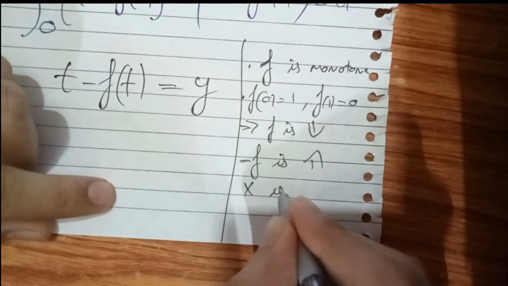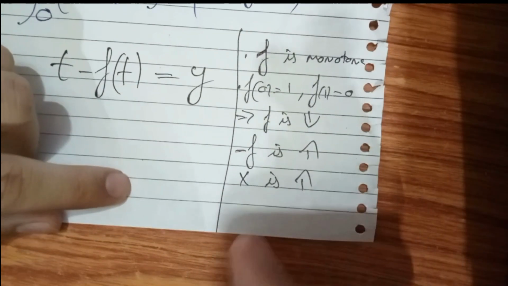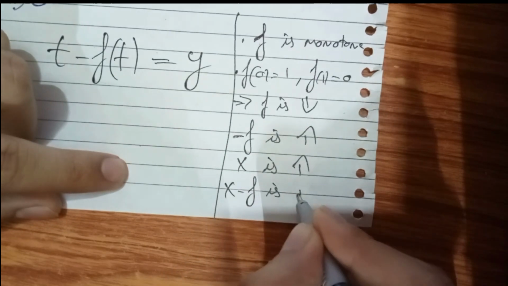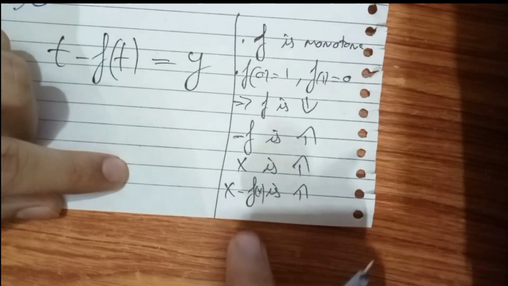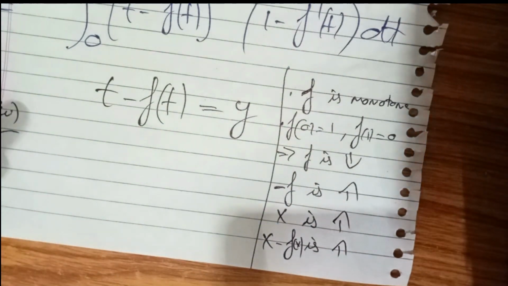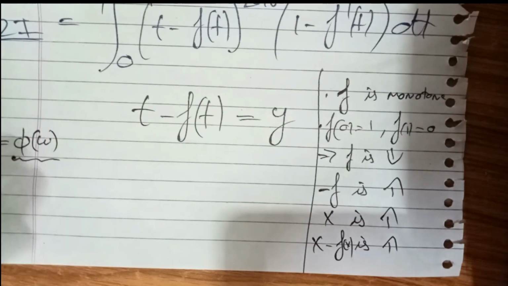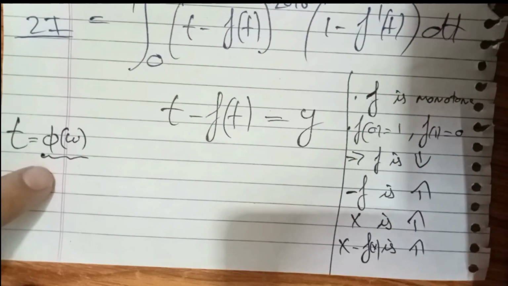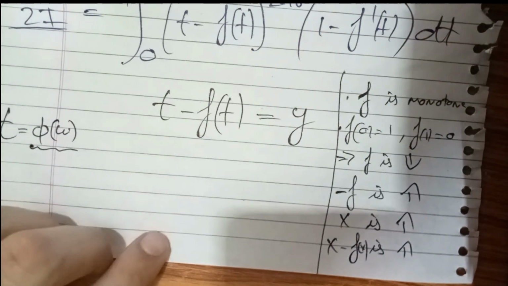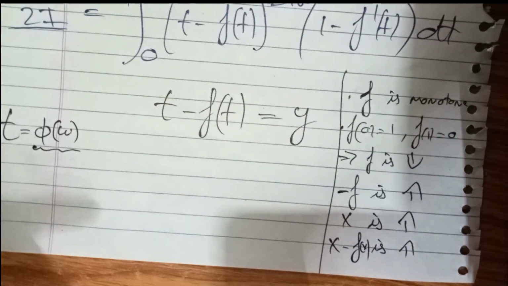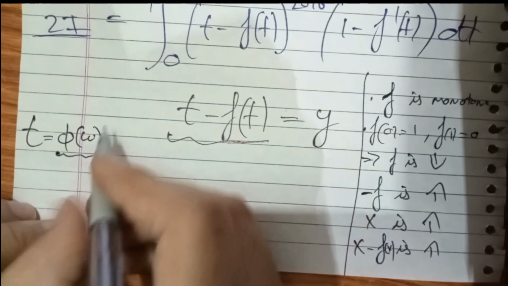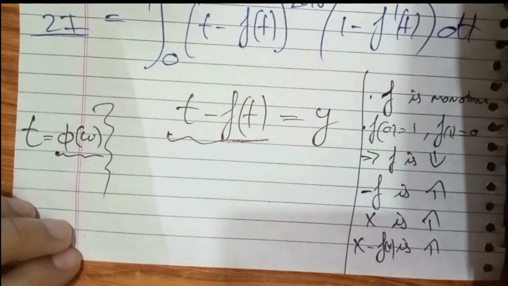And I also know that x is strictly increasing, so their sum would also be strictly increasing. So I've just shown that this function here is strictly increasing, and this fact will take care of our little condition here, that this substitution is valid. The fact that this function is monotone takes care of this condition right here.